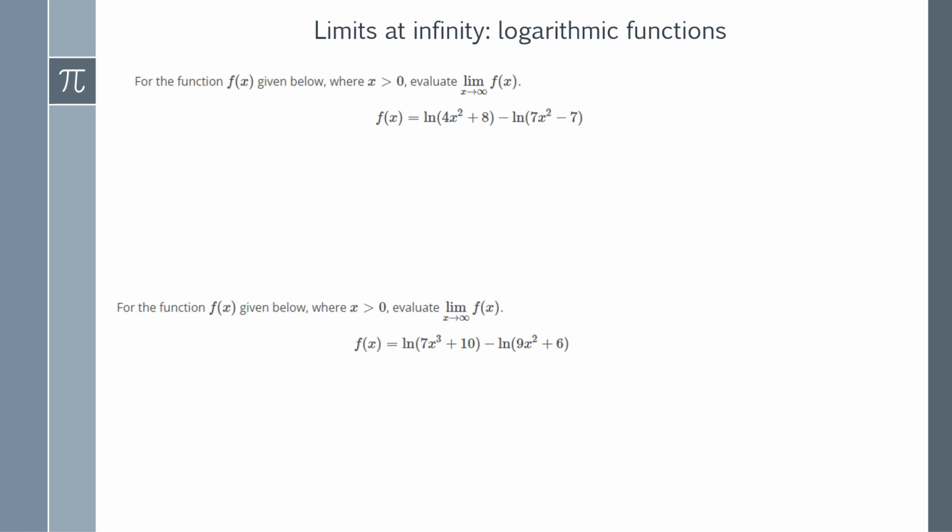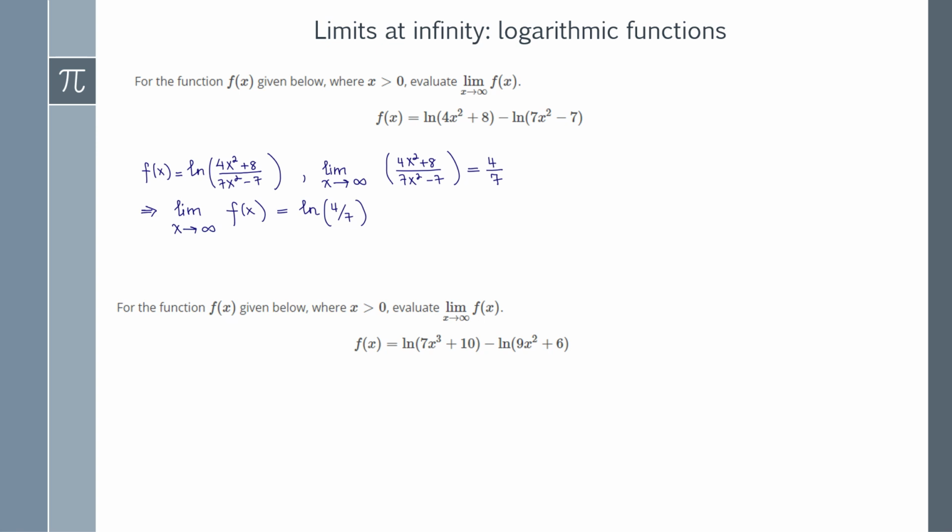So how do we approach this problem? The first thing we're going to do is combine these logs. So you see how I rewrote my function as natural log of the rational expression (4x squared plus 8) over (7x squared minus 7).